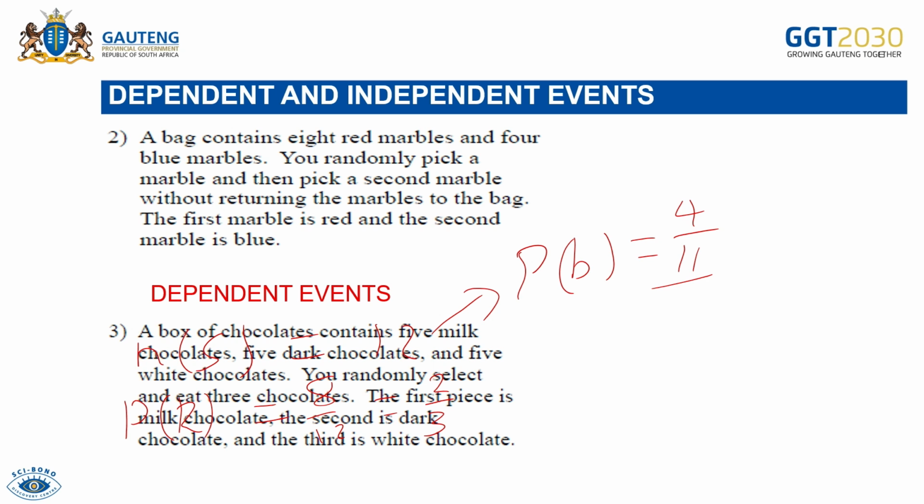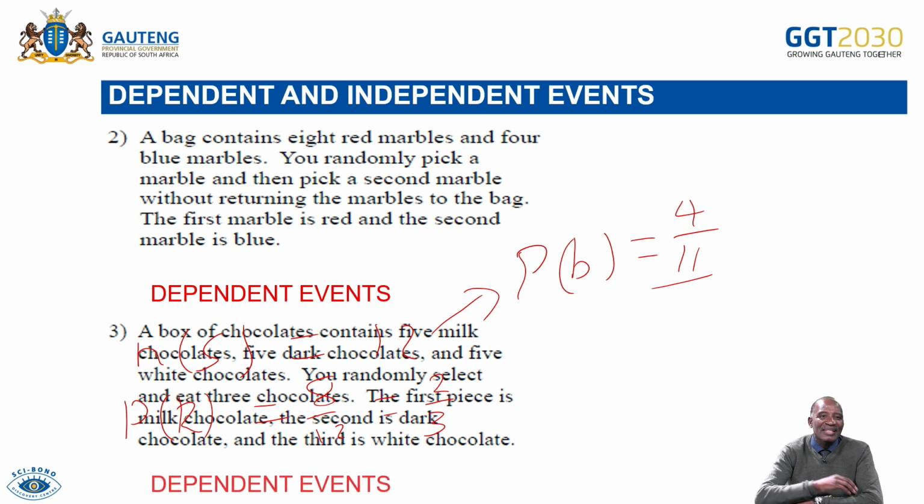Are those dependent or independent events? You randomly select and eat 3 chocolates. Remember, there is no replacement here, you take and eat. Are these independent or dependent, as you are randomly choosing them?